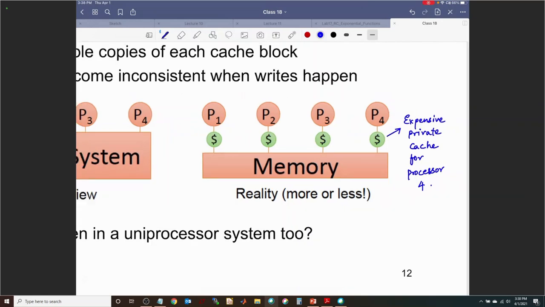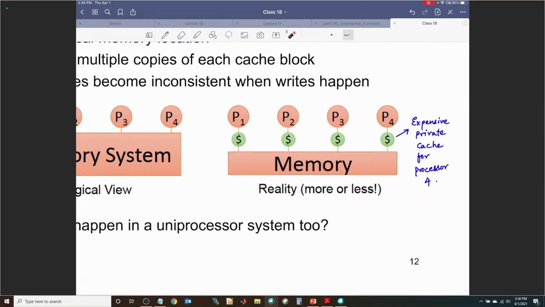So what could happen here is this. Suppose P1 tries to read the memory. When P1 tries to read the memory, what is it going to do? It's going to look into the cache. If it doesn't find it in the cache, it will try to bring it from the memory. If it brings it from the memory, a copy of that is now present in the private cache of processor 1.